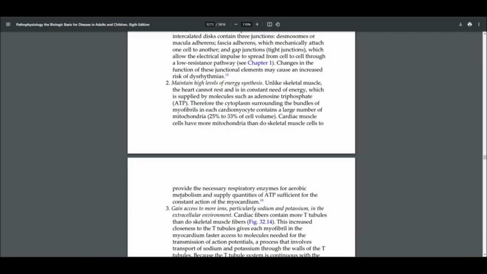Therefore, the cytoplasm surrounding the bundles of myofibrils in each cardiomyocyte contains a large number of mitochondria, about 25 to 33% of the cell volume. Cardiac muscle cells have more mitochondria than skeletal muscle cells to provide the necessary respiratory enzymes for aerobic metabolism and supply quantities of ATP sufficient for constant action of the myocardium.